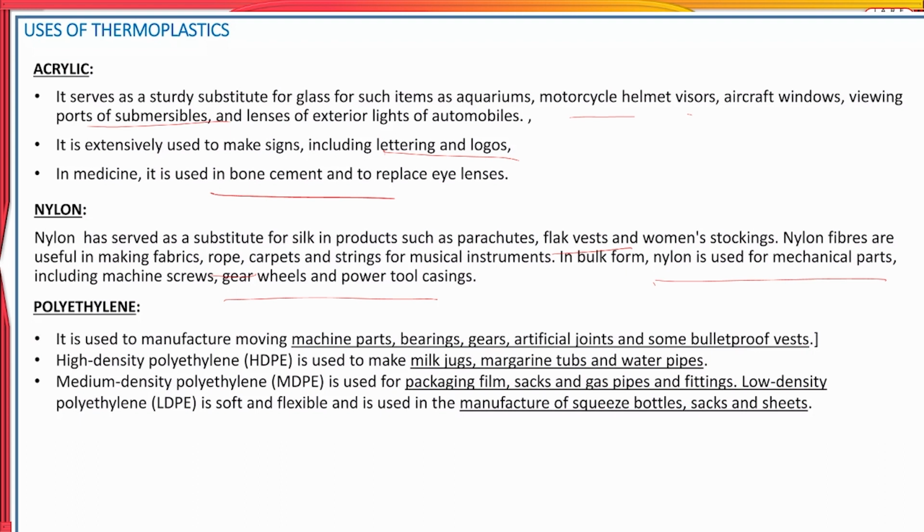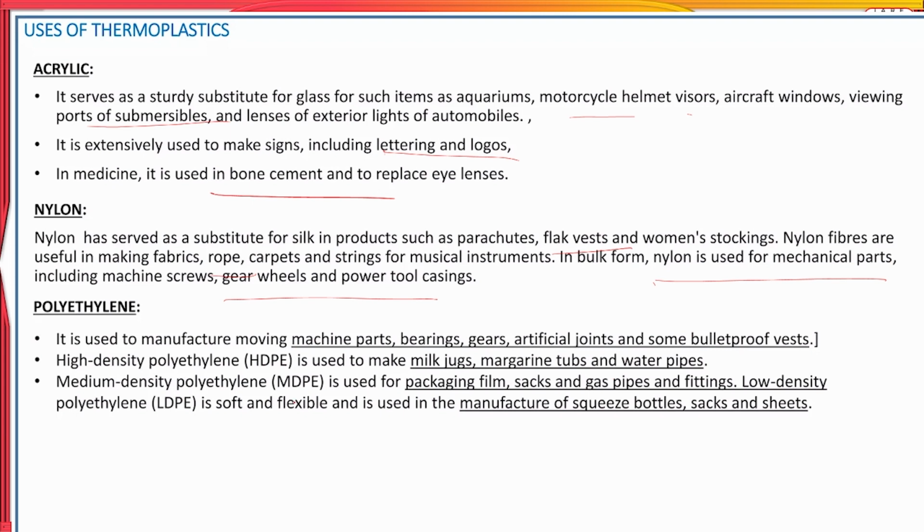Polyethylene. It is used in manufacturing moving machine parts like bearings, gears, artificial joints, and some bulletproof vests. High density polyethylene is used to make milk jugs, tubs, and water pipes.